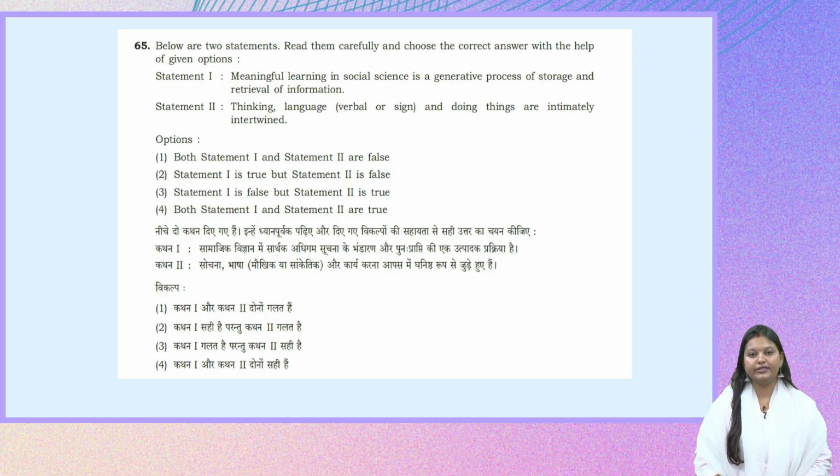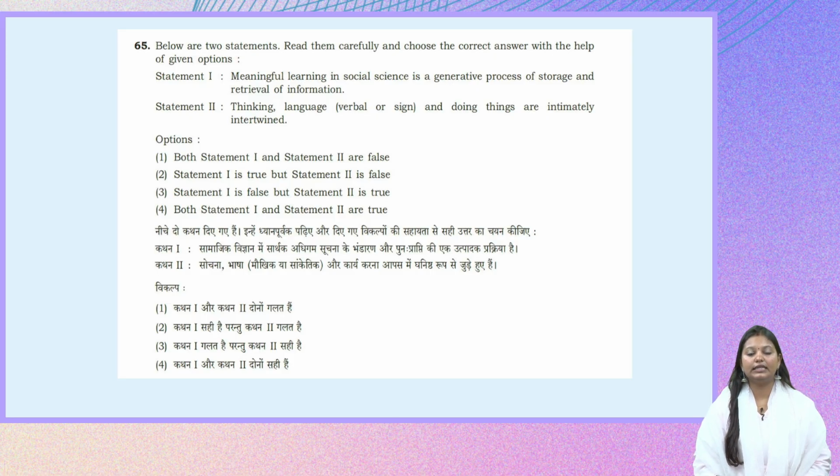So, coming to the next question, below are two statements. Read them carefully and choose the correct answer with the help of given options. We need to read both of these statements and tell if they are true or false. Statement 1 is, meaningful learning in social science is a generative process of storage and retrieval of information.